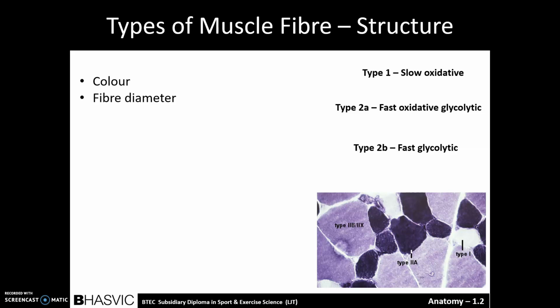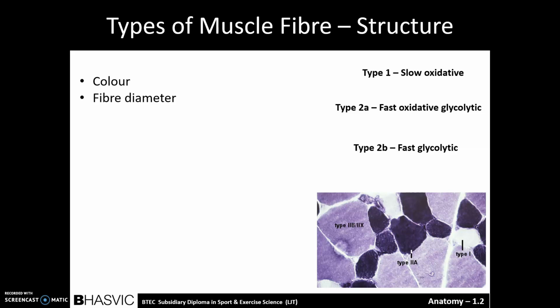Fast oxidative glycolytic muscle fibers, or FOG muscle fibers, have a medium diameter, as they produce a medium amount of power compared to the slow oxidative and the fast glycolytic.